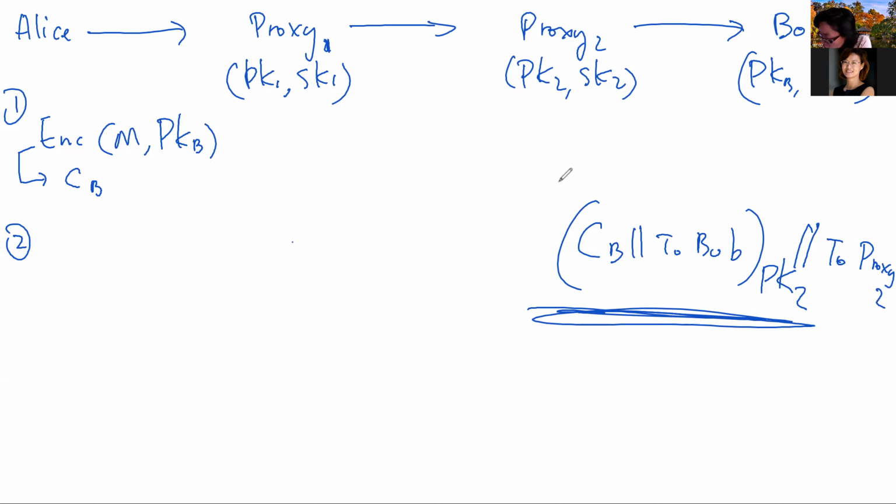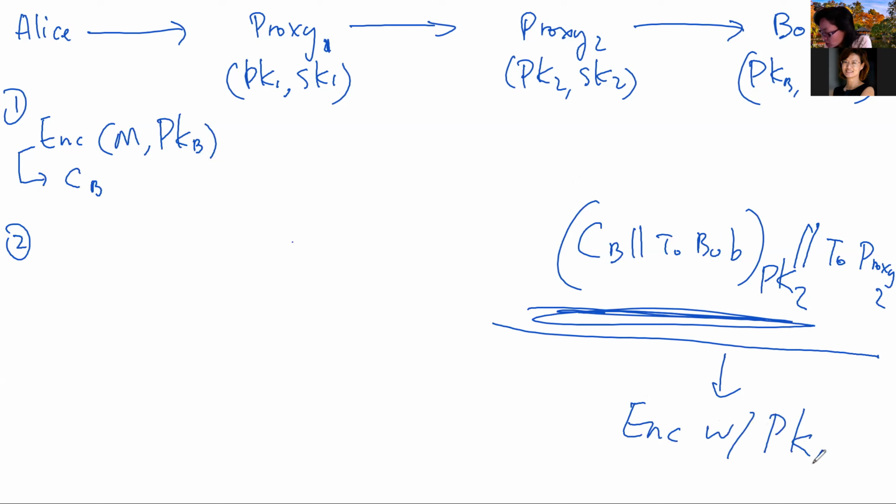And so the whole thing is the message that has to be delivered to proxy 1, and so this whole thing has to be encrypted with proxy 1's public key.